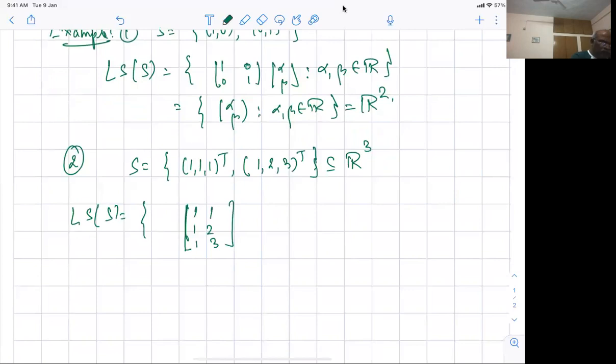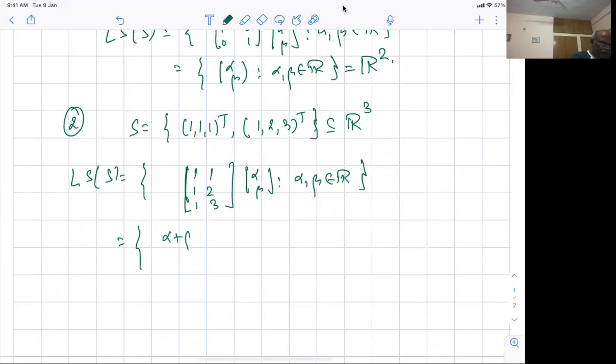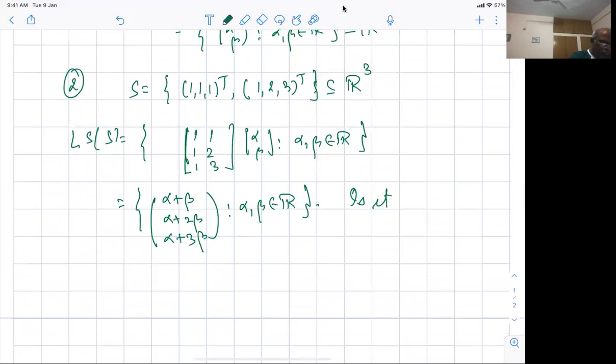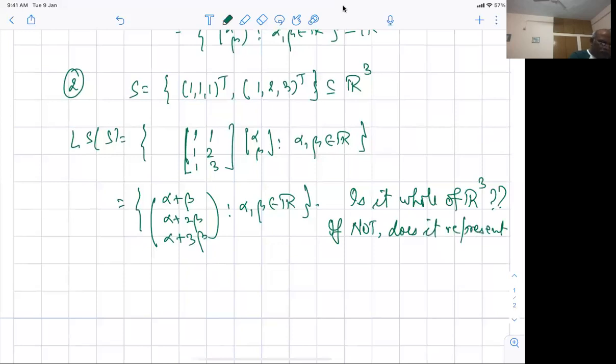There are two components here, so I get (alpha, beta) such that alpha and beta belong to R. So I'm trying to find all vectors of the type (alpha plus beta, alpha plus 2 beta, alpha plus 3 beta), such that alpha and beta belong to R. This is what I want to find out. The question is, is it the whole of R3? If not, does it represent a plane?